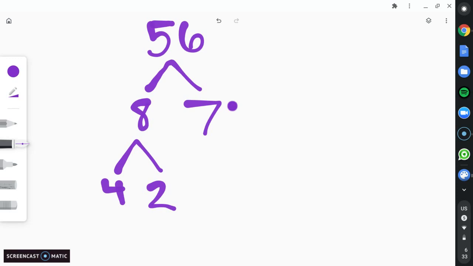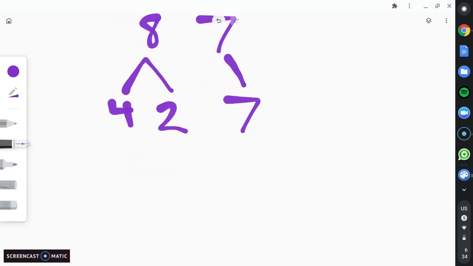Now, here's the thing. We don't care about 1 because 1 is a factor of everything. So we're just going to draw one little line and bring the 7 down, because 7 is a prime number, meaning that the only things you can divide it by are itself and 1.